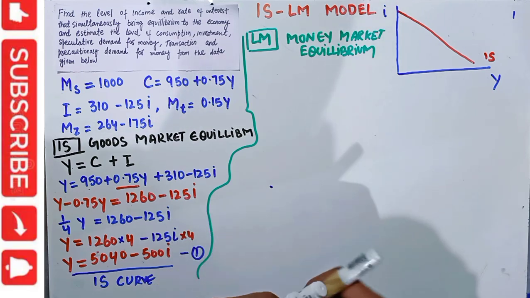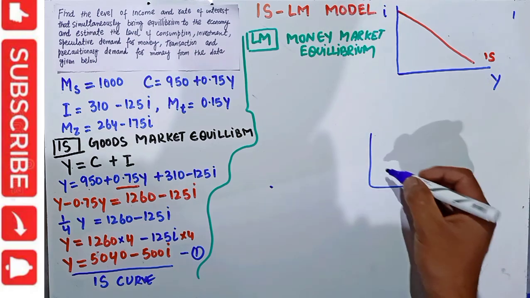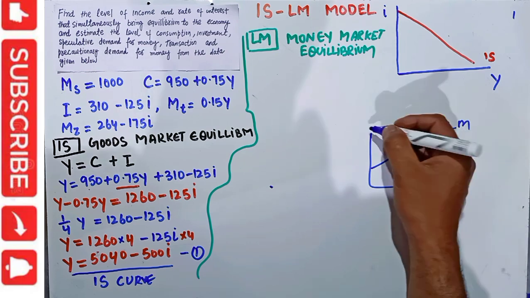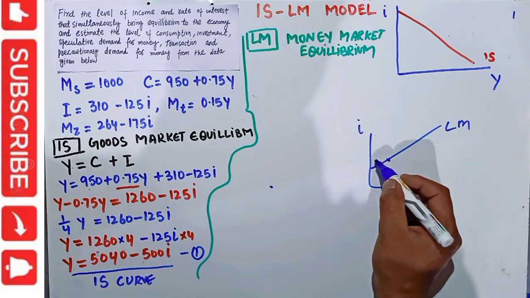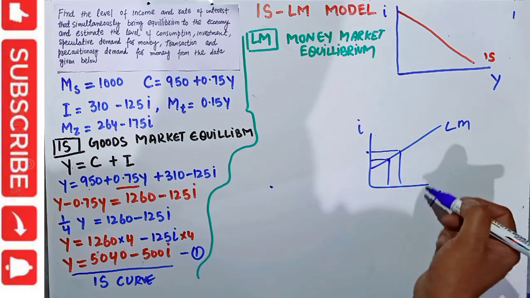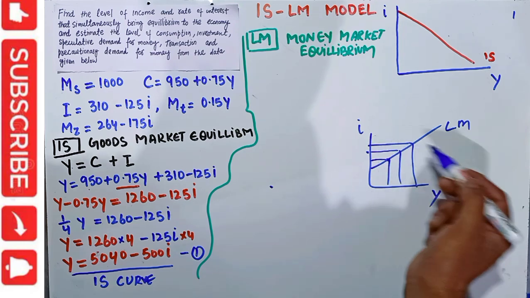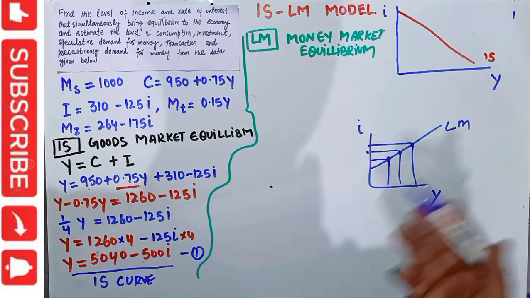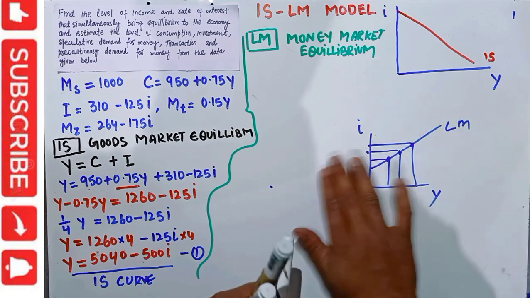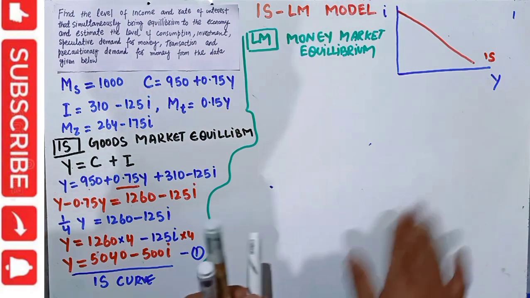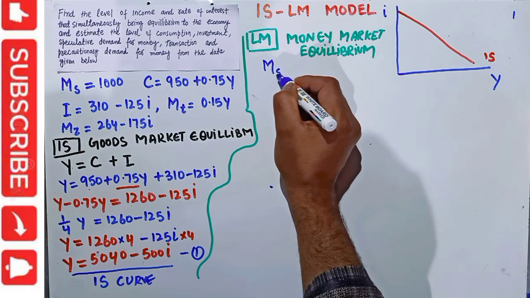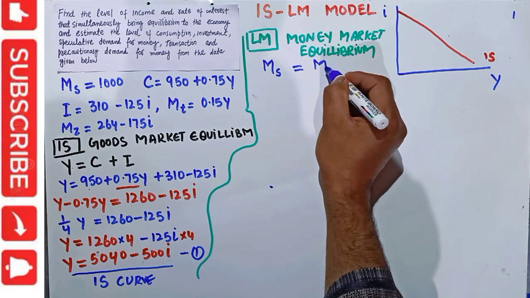And the LM function on the graph, let us say this is the LM function, this is level of income, this is rate of interest. It simply shows us different combinations of rate of interest and level of income where money market is in equilibrium, and money market is in equilibrium when supply of money is exactly equal to the demand for money.